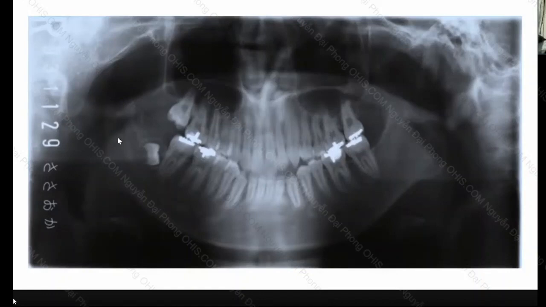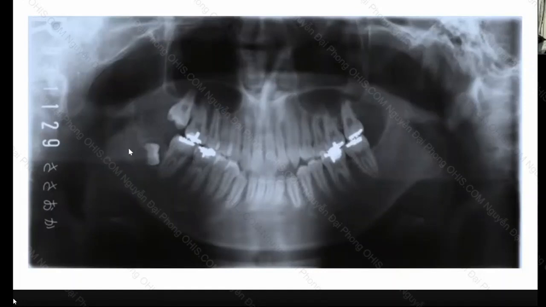So with this kind of problem, if we are missing the right side condyle, maybe the occlusion will be crazy.